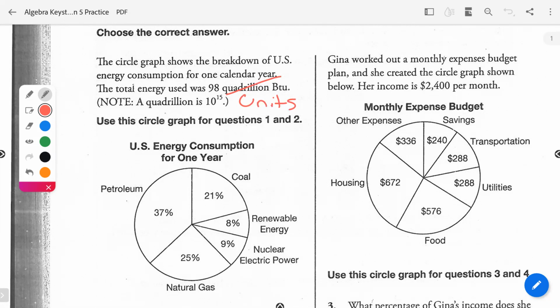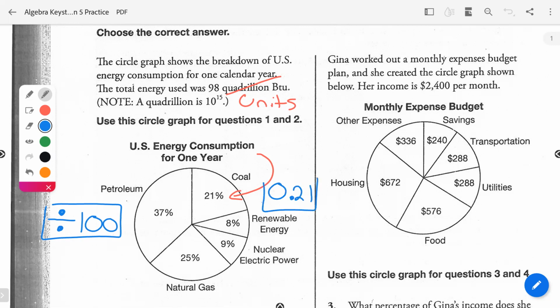Okay. So now when you have a circle graph that has percents, before you even read the questions being asked of you, you should be going to each one of these and making the percents into decimals. You make a percent into a decimal simply by dividing it by 100. So 21 divided by 100 gives me 0.21 for coal.